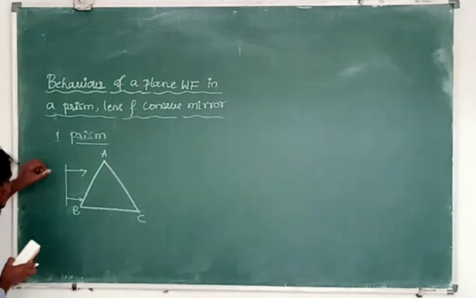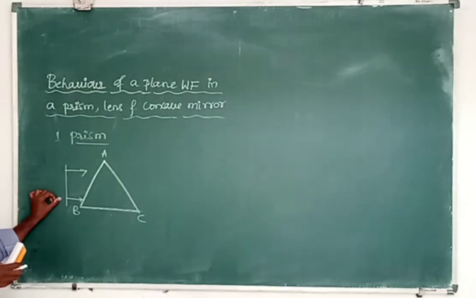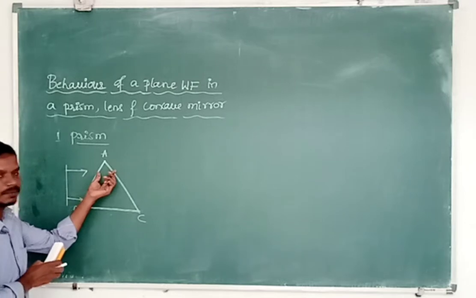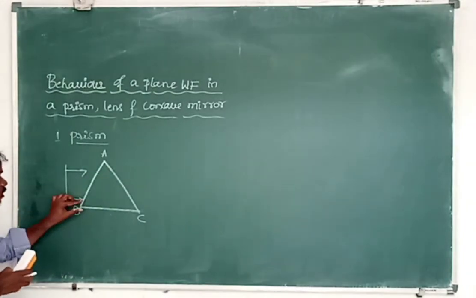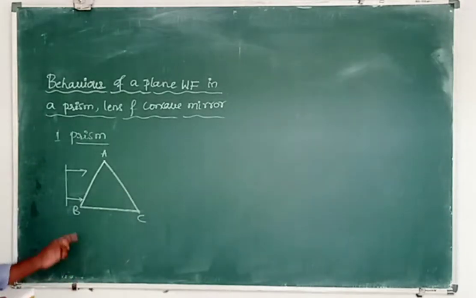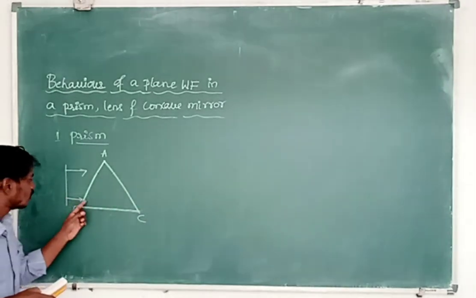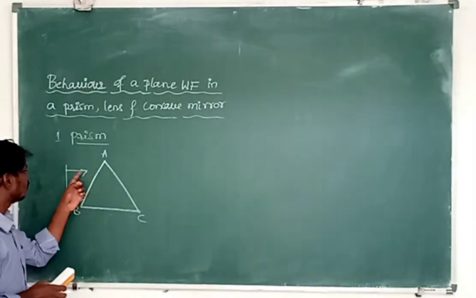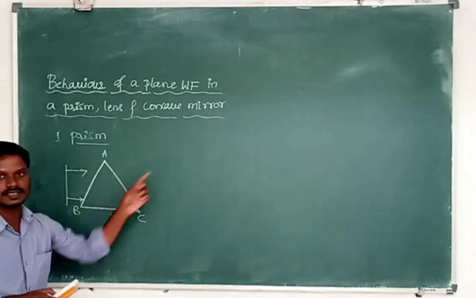See here, I will take the upper part of the wavefront and the lower part of the wavefront. The upper part travels a small thickness of the prism, but the lower part travels a large thickness of the prism. The lower part gets delayed because it travels the large thickness of the prism, but the upper part travels the small thickness, so it is advanced.